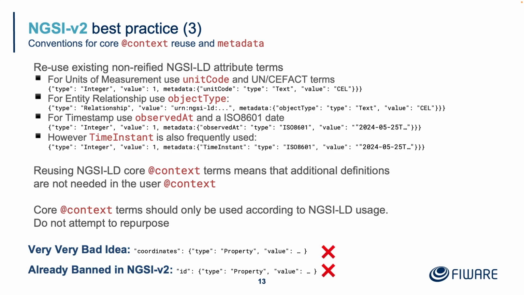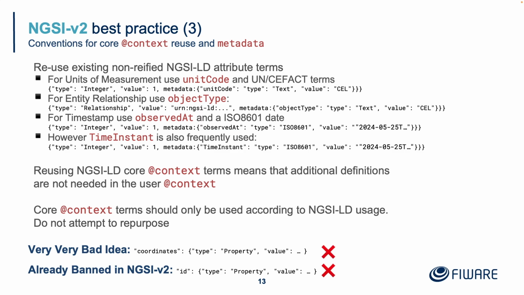NGSI-v2 has this metadata element, which should hold various information about that particular attribute. Now, unit code is the preferred term for the units of the value in question, always has been, and the recommendation is to use the UN CEFACT terms.